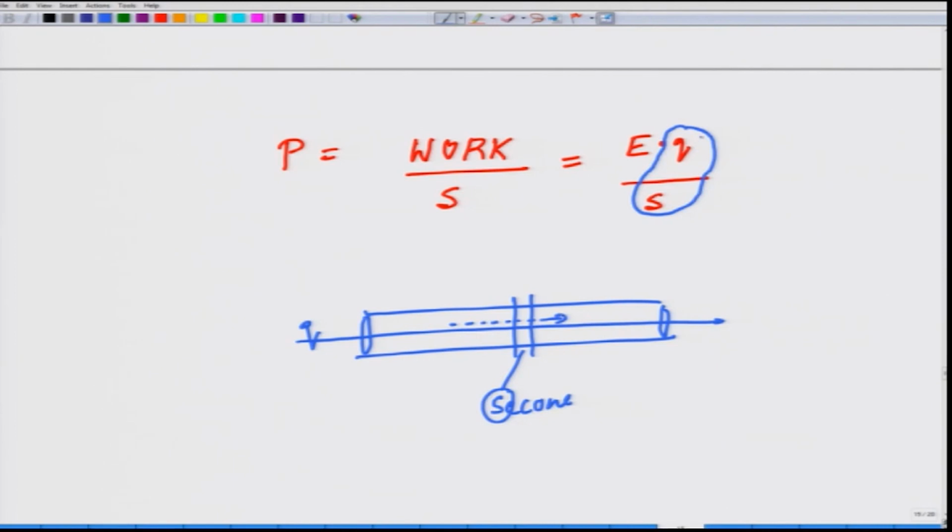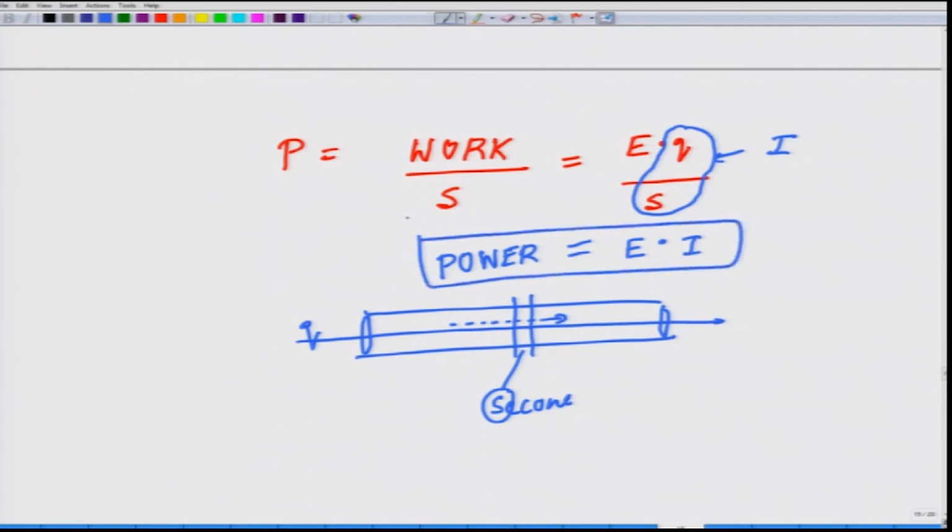That is what we call current. So, q upon s. Then power becomes a product of voltage multiplied by current. P is equal to EI, because q by s is current and we can write it as I.